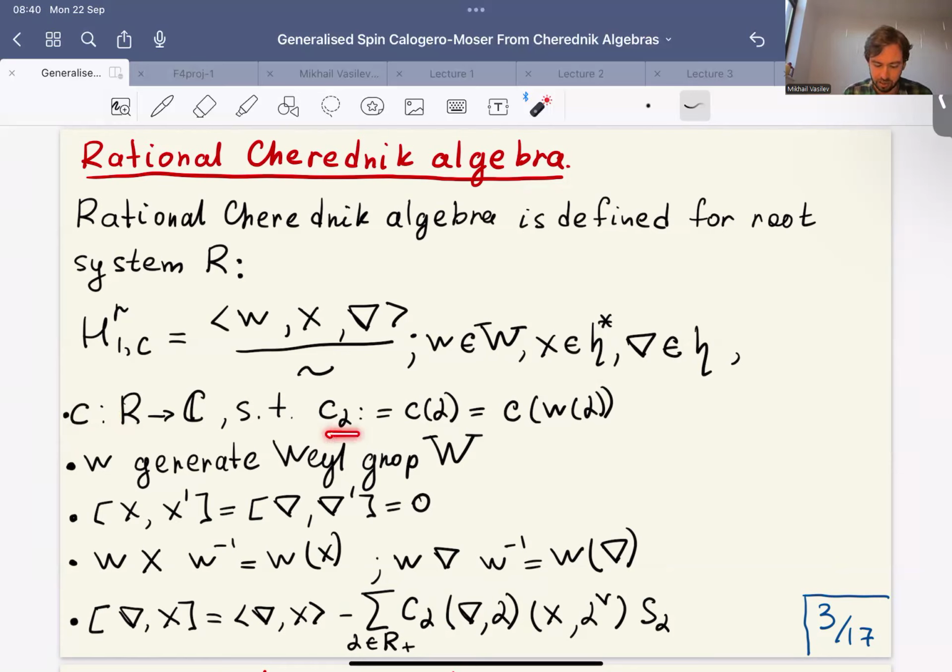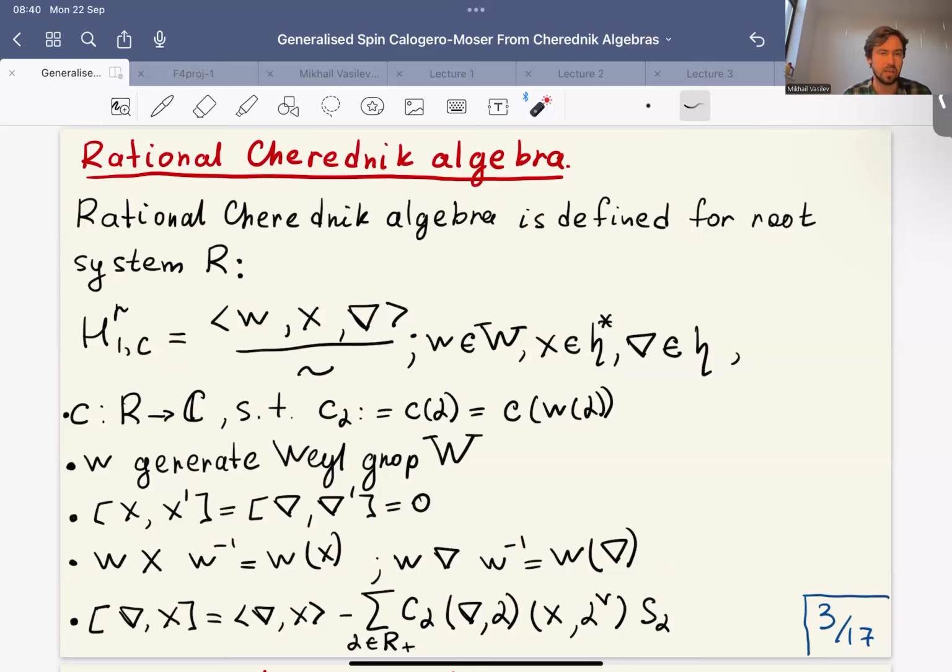We only ask that this multiplicity parameter is W invariant, which means that it is constant on the set of roots with the same length. The W's just generate the Weyl group, nothing serious.